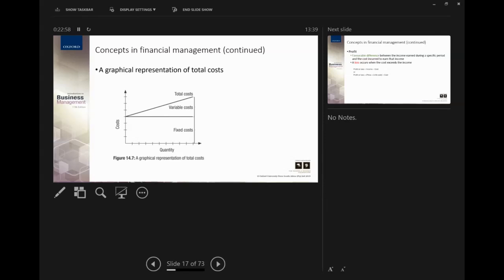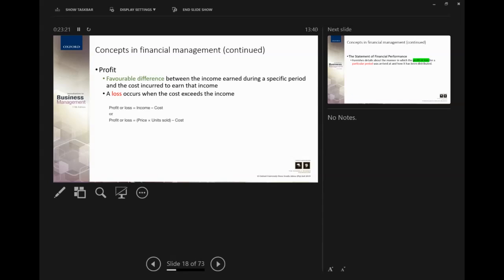And here what they're trying to illustrate is your total costs are made up of both your fixed and variable costs added together. That's what they're trying to do. Okay. Right. So maybe they might even give you the graph and want you to label the respective costs. Okay. Right.